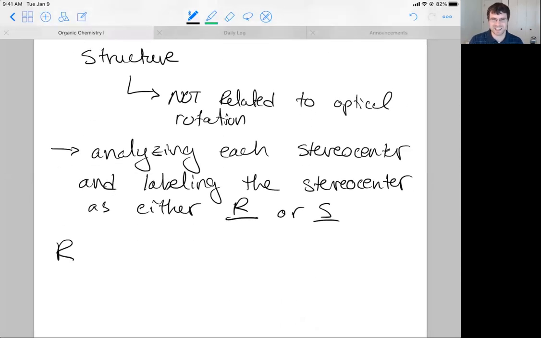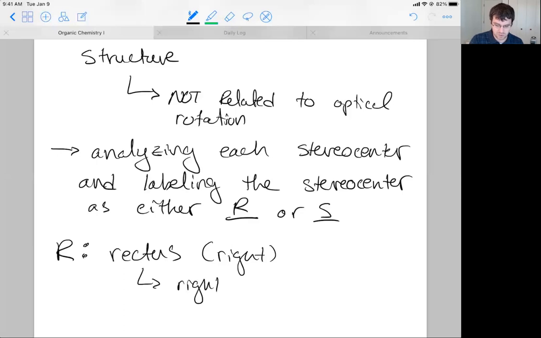Well, R has a weird history, but R has to do with rectus is what it's short for. And I sort of think of it as right, like a right-handed sort of thing. Again, the names we'll see in a second, this isn't great, but rectus is sort of short for righteous.